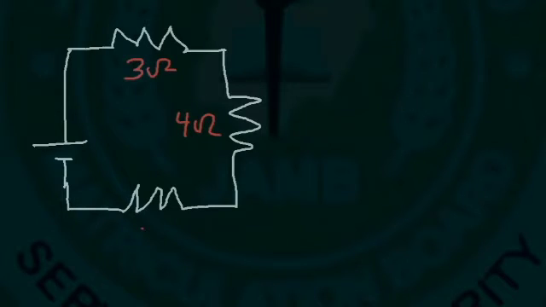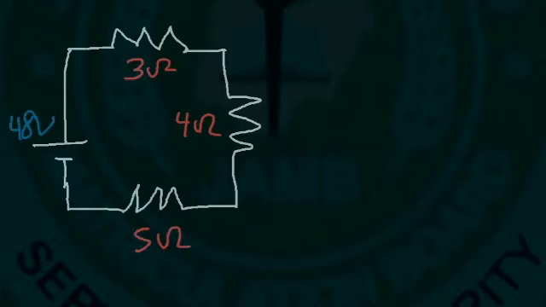Now let's try another problem. So this time we're going to have 3 resistors. So let's say that this one is 3 ohms, this is 4, and this is 5 ohms. And the voltage of the battery is 48 volts. Calculate the current in this circuit.